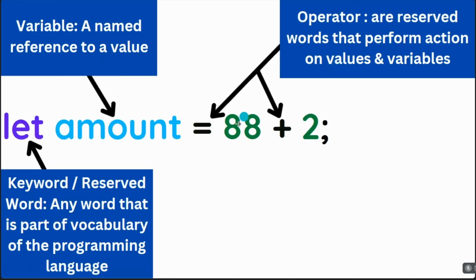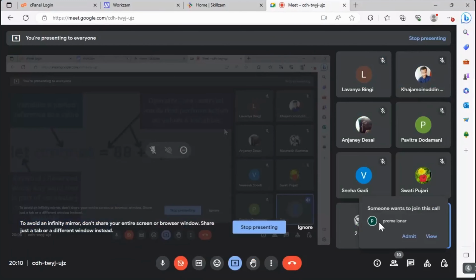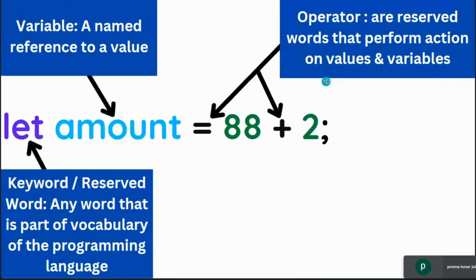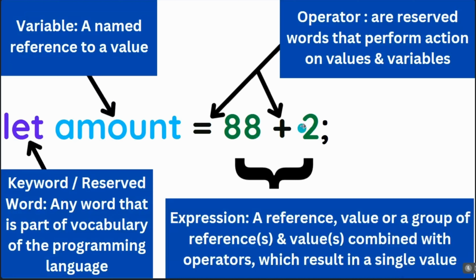This is a variable and these are the values, and they are performing certain actions: 88 plus 2, an addition operation, is going on, and the value of this addition, which amounts to 90, is being assigned to a variable called amount. These are called operators.